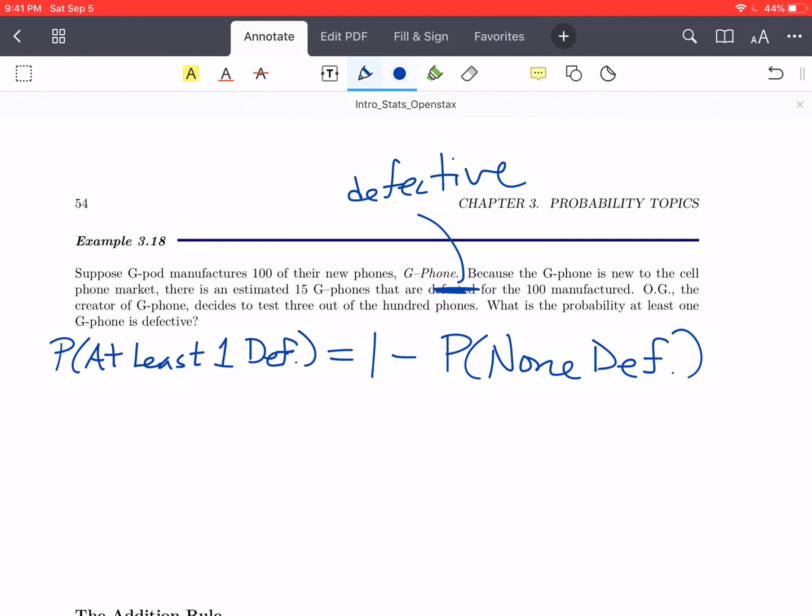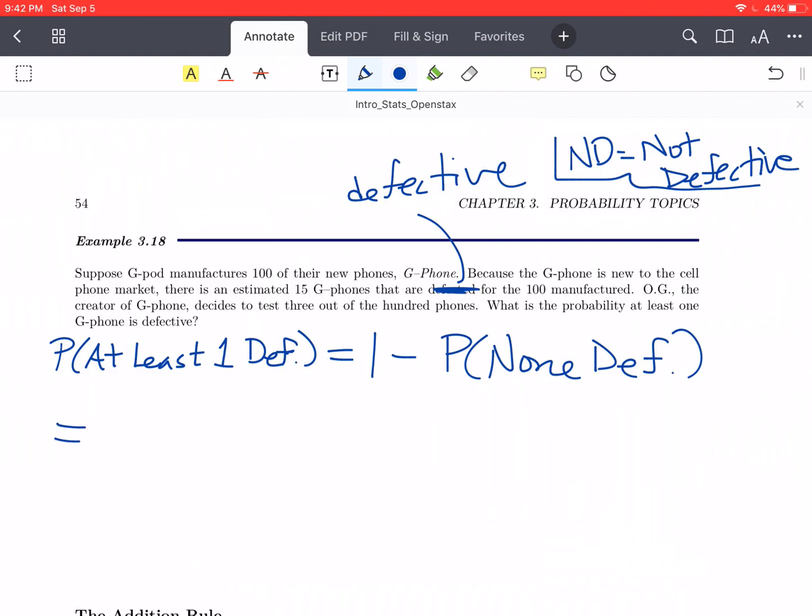And if we can find this, then that'll give us the same thing. I'm going to be using the abbreviation ND for not defective, just as a side note, so I don't have to keep writing out not defective.